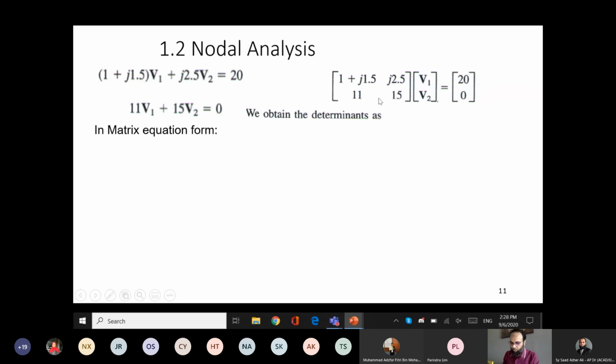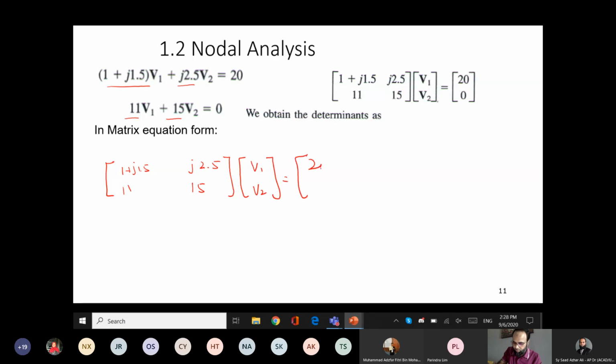This shouldn't have appeared right now, but anyways, in matrix form I want to put these numbers in the matrix: 1 plus j1.5, j2.5, 11, 15, times V1, V2, equal to 20 and 0. So I hope that this is also standard for everyone. We are using the matrix form to solve these equations, but you can use any method.